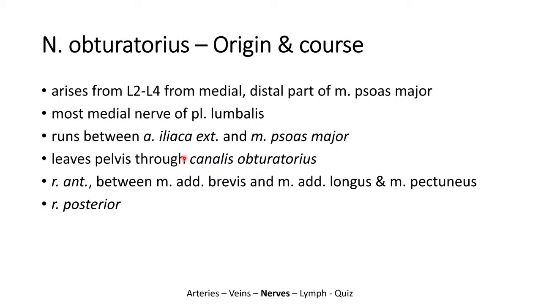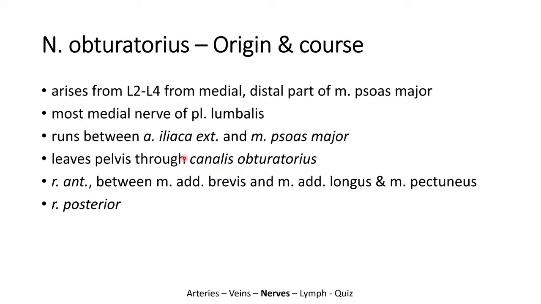And it will have two branches, anterior and posterior branch. The anterior branch will run between musculus adductor brevis. Yeah, I'm sorry that I was abbreviating here. I was too lazy. So musculus adductor brevis and musculus adductor longus and musculus pectineus, typo, to supply the skin of the medial thigh as ramus cutaneus femoris medialis.